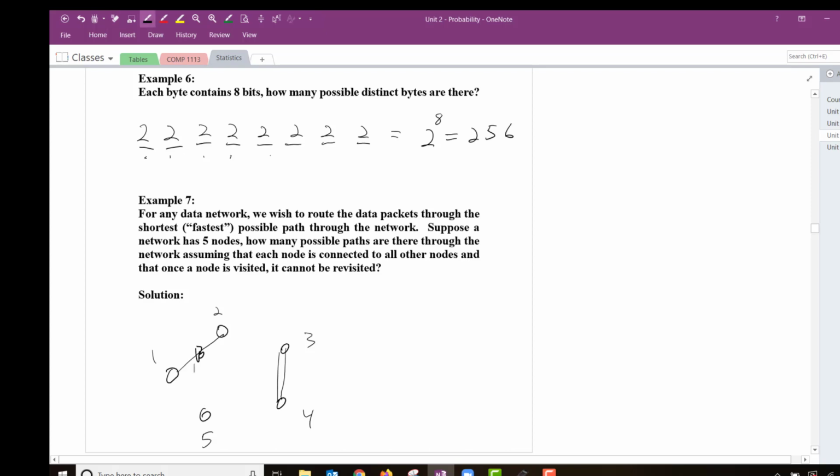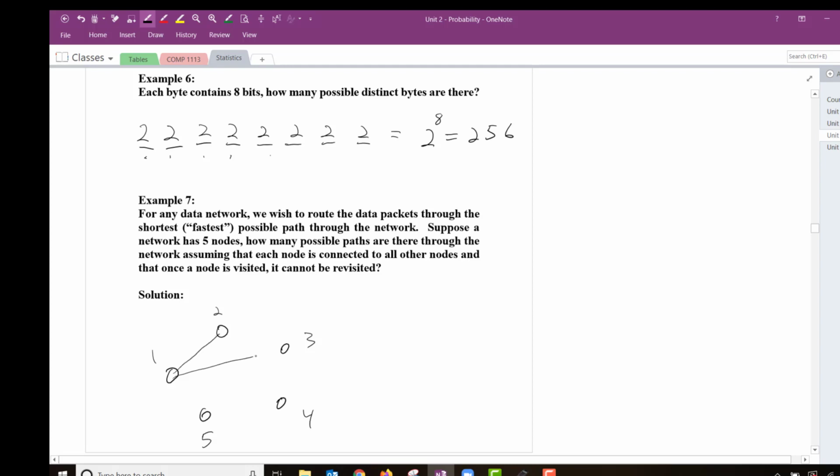And it's quite a few, I guess. It also depends on this question, which doesn't look very well defined. I don't know if we get to choose our starting point. If the information could start at any of the spots, that will affect this a little bit. Let's suppose we're starting at 1.